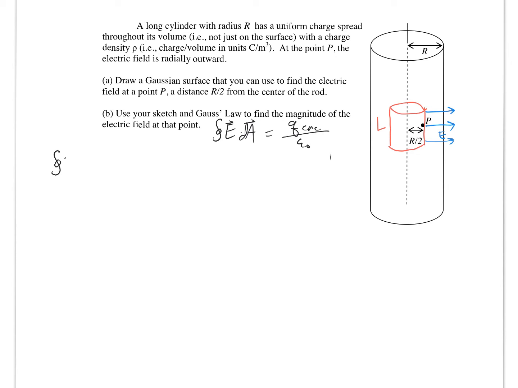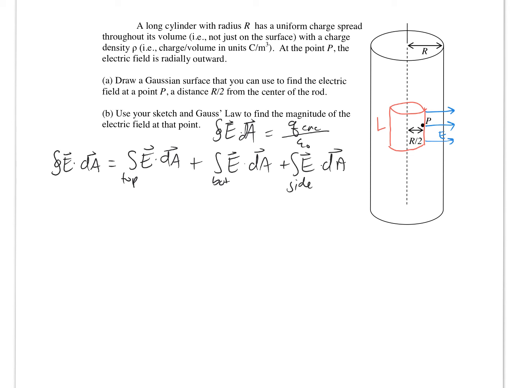So our electric flux through our Gaussian surface here, which is the cylinder, is going to be the flux through the top of that cylinder plus the flux through the bottom of that cylinder plus the flux through the side of that cylinder. Okay, so let's look at the top to start.